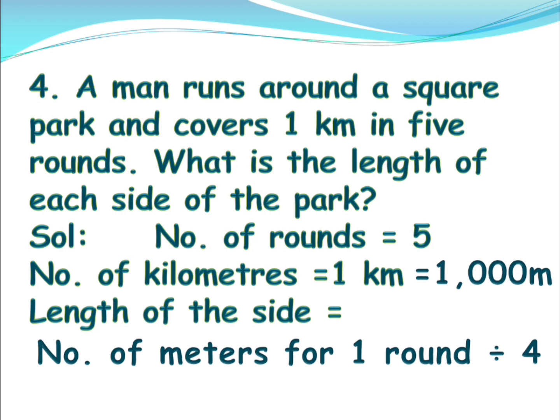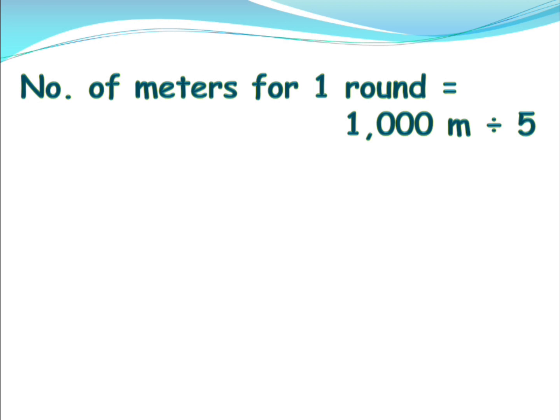Now we don't know number of meters for one round, isn't it, children? So you have to first find number of meters for one round, which is equal to 1000 meters divided by 5. Because it is 5 rounds, we are dividing by 5. Why 1000 meters? Because it is 1 kilometer, we have converted into meters.